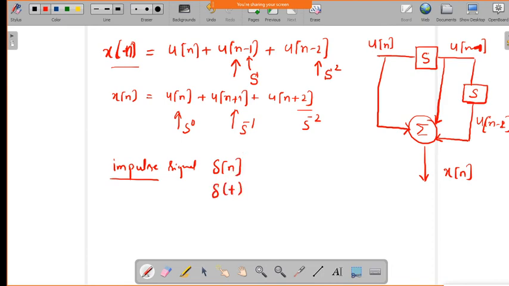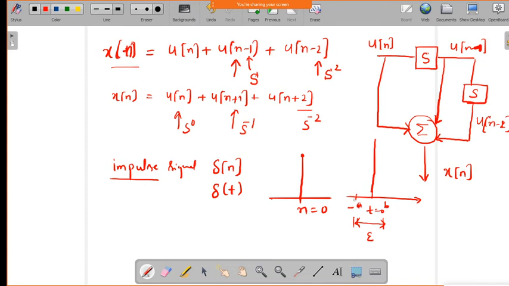In the discrete case it is represented only at n equal to 0, with a discrete value. Similarly, in the continuous case you have a small pulse at t equal to 0, defined between minus a and b, with a width we can call epsilon.